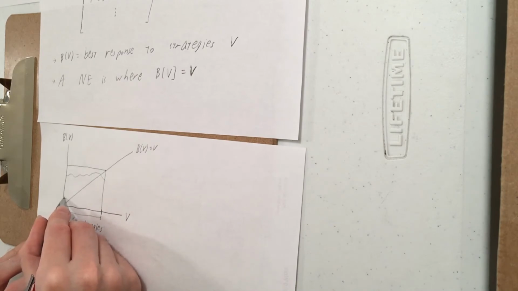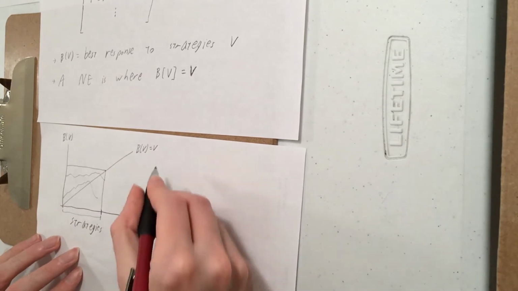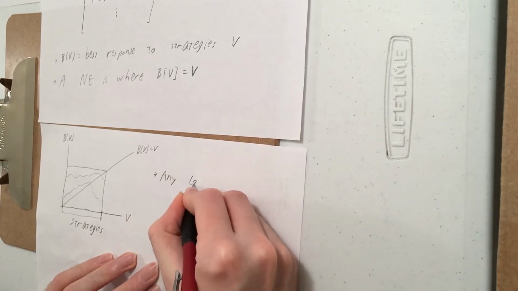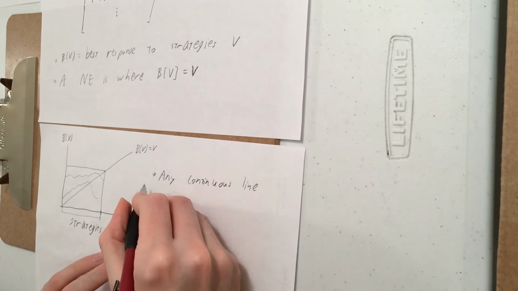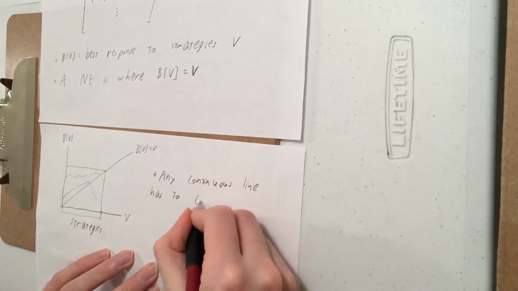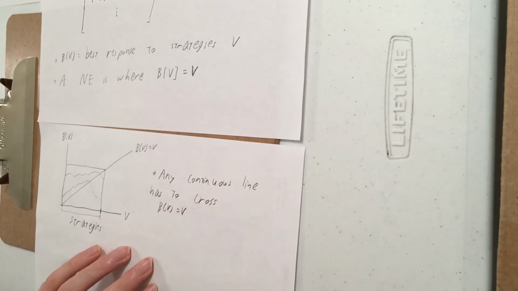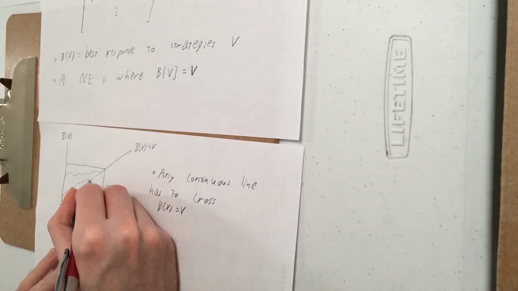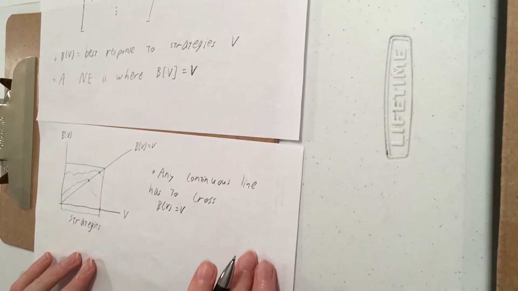Or if I start over there and try to avoid it, I've got to cross over at some point. So no matter what B of V looks like, there's going to be some V somewhere, might be here, might be here, might be somewhere else, where B of V equals V.